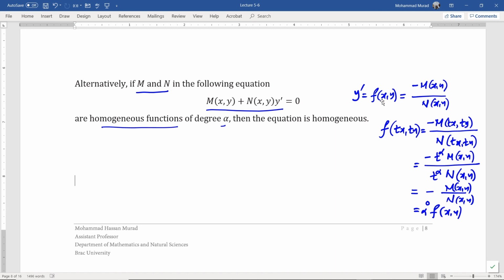So f is a homogeneous function of degree 0.